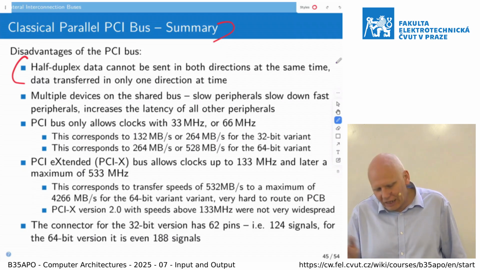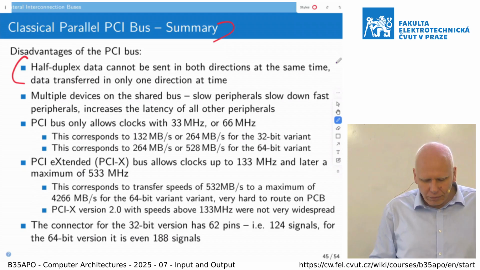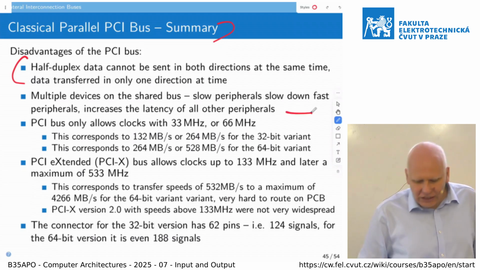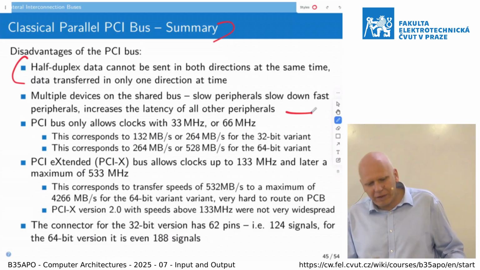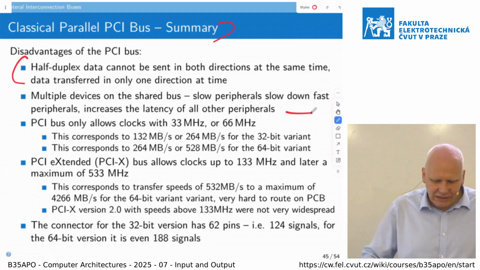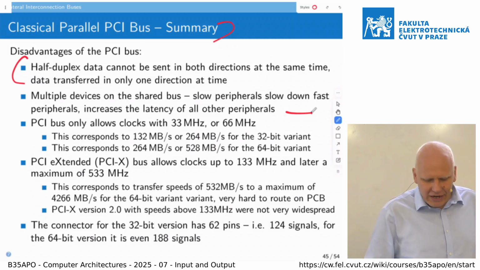It is a short time, but basically the bandwidth is divided among the communicating devices. Multiple devices share the bus, and slower peripherals, by their delays and waits, can even slow down the faster peripherals.